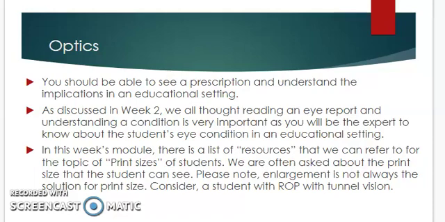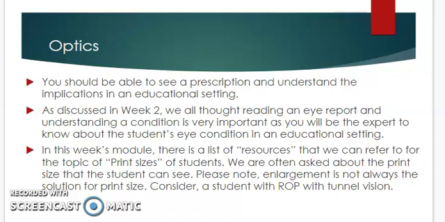In many IEP meetings, we are often asked about the print size that the student can see. You will have to remember that enlargement is not always the solution for print size. I can give you an example: a student with ROP with tunnel vision. It's like looking through a tunnel. Only the central vision is available for the student to be able to see.